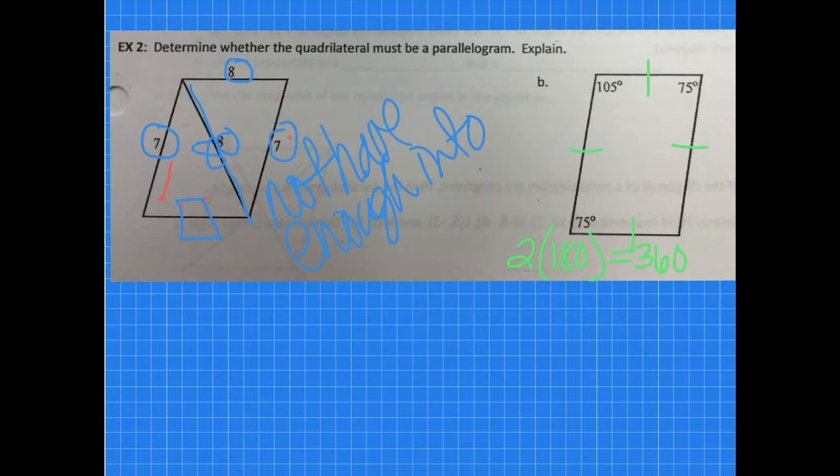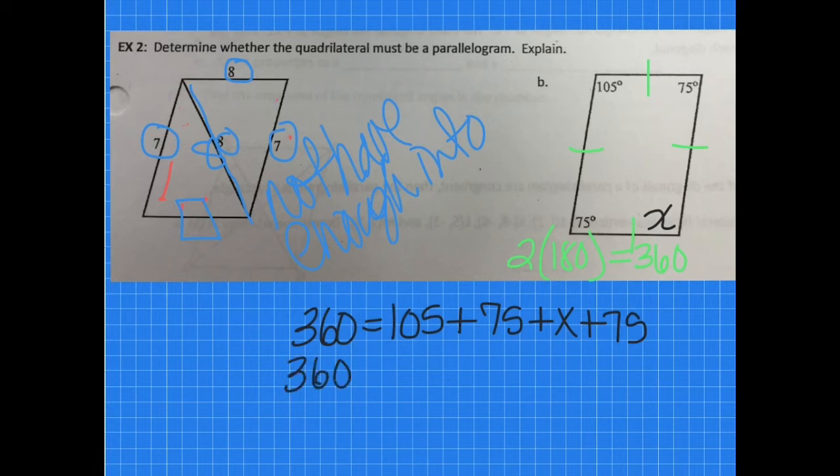The first thing that we can do is use what we know about interior angles and just say, if we were to call this side x, we could say that 360 equals 105 plus 75 plus x plus 75. Then I have 360 equals 255 plus x.